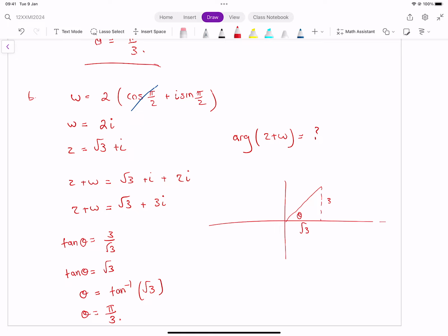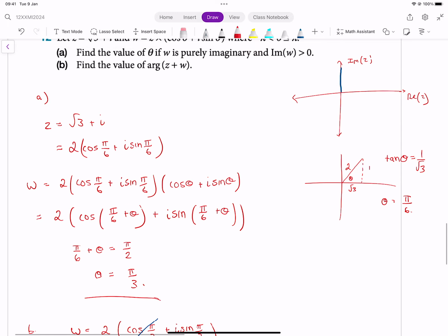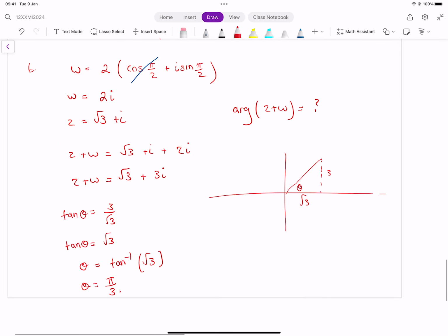Right, so we've just found theta is pi on 3. Now we weren't asked to find the modulus, just the argument of z plus w. And since we're in the first quadrant, pi on 3, we're all sweet. So therefore the argument of z plus w is pi on 3.